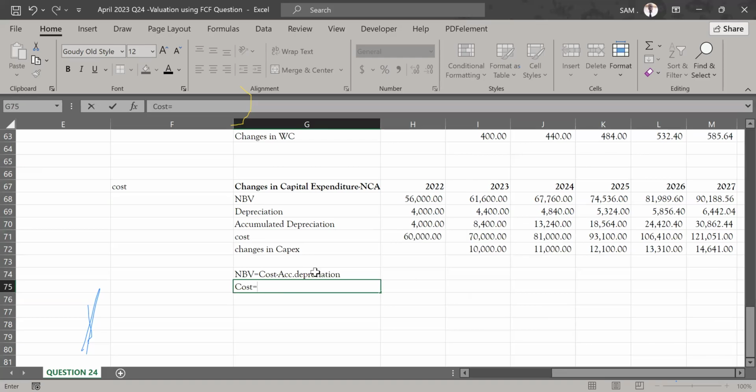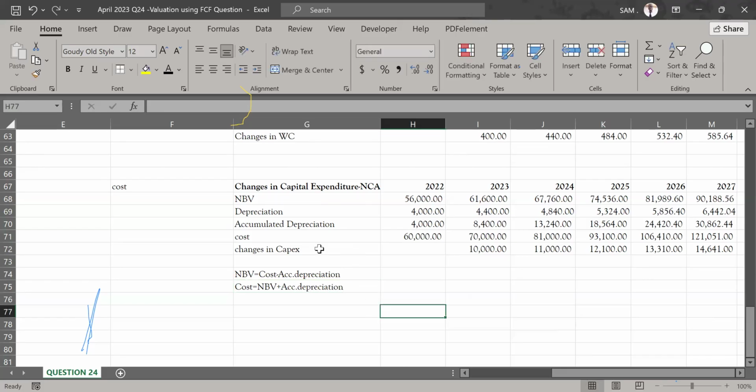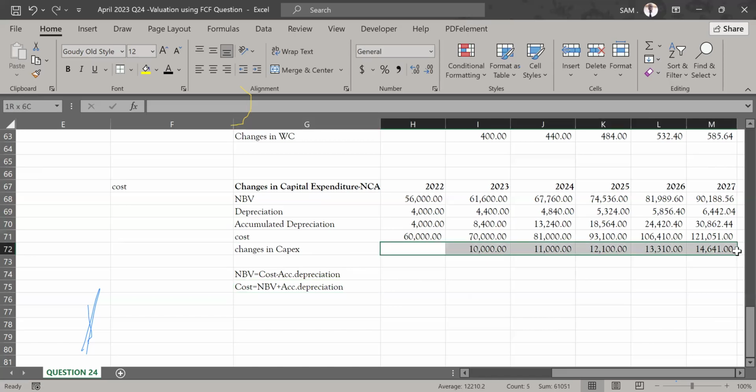We are making cost the subject of this formula because that is what we were looking at. Now, if net book value was cost minus accumulated depreciation, how do you get cost? We've just taken the net book value, then we added accumulated depreciation. That is how we arrived at the cost. And now we are looking at the changes in the cost itself after making it the subject. So we have our changes in capital expenditure.